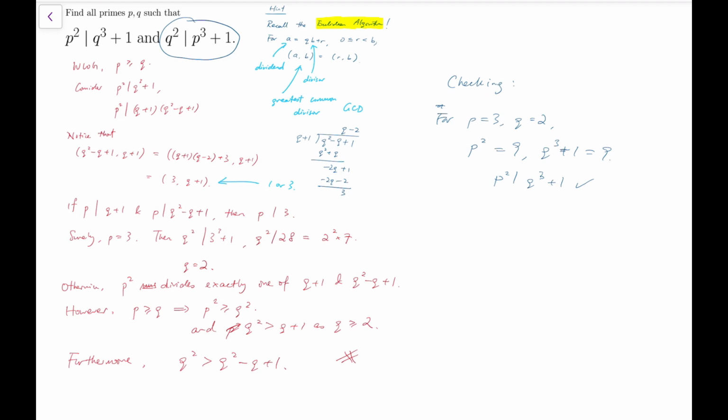And then q squared is 4, and then p cubed plus 1 is 28. So q squared divides p cubed plus 1, check. And similarly if we reverse the values. So here's our final answer. It's either 2, 3 or 3, 2.